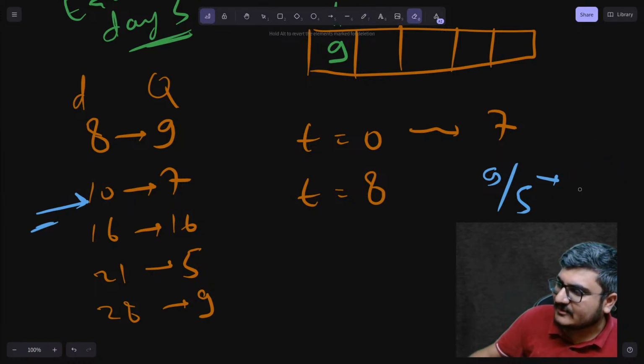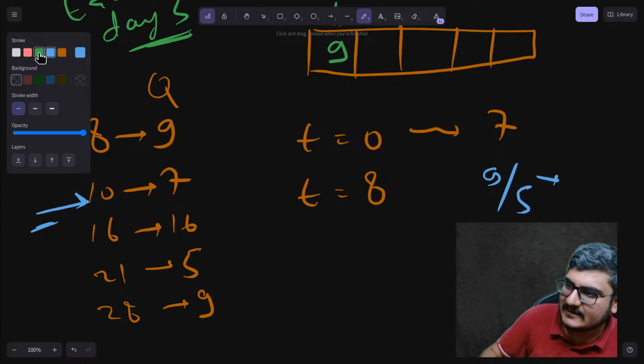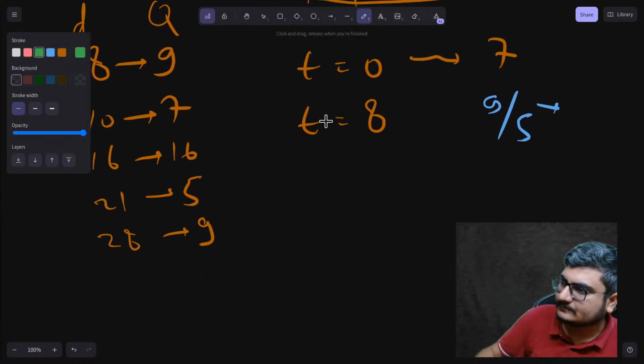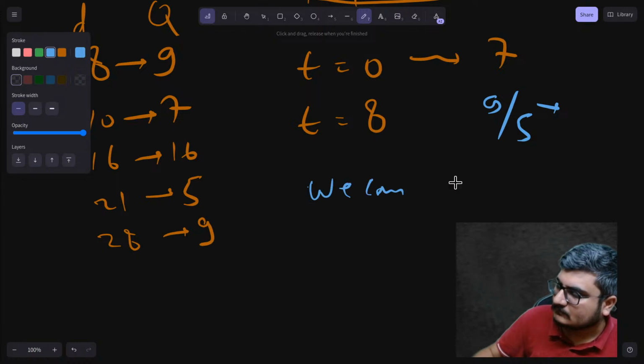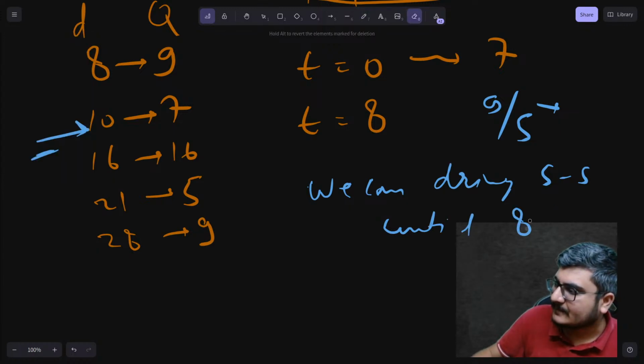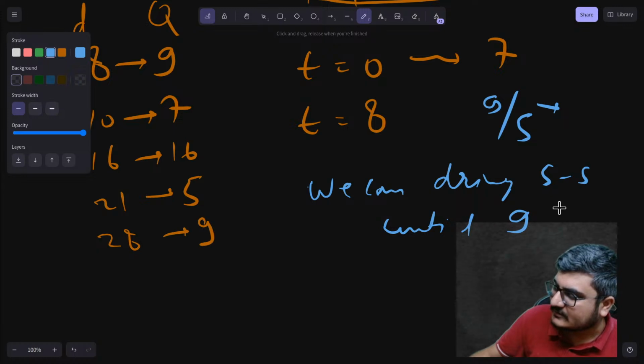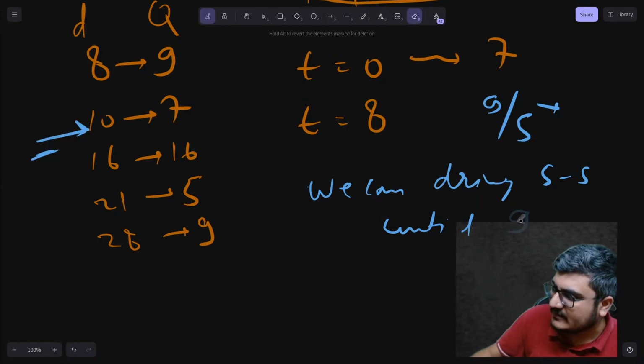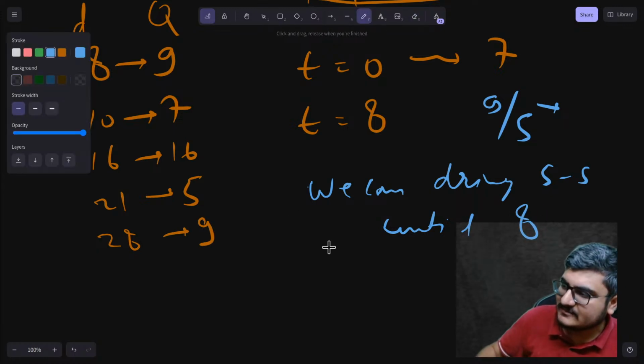So for this milk we can drink 5 milk until day 9. Until day 8 only, because today is the first day. Next milk comes on day 10.